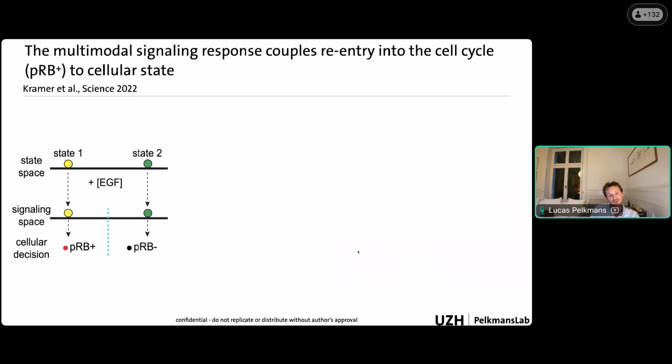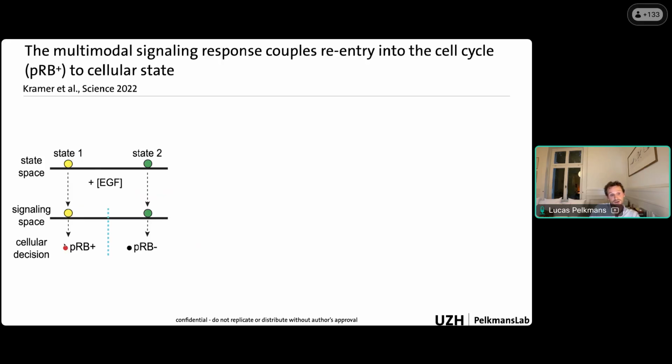So to analyze that, we looked at it this way. What I just told you before is that based on position in state space, right? So let's say your cell is in state 1 versus a cell in state 2, you will adopt a certain position in signaling space, or in other words, your signaling nodes are conditioned to that specific state in specific ways. And depending on that position in signaling space, you will make a certain decision.